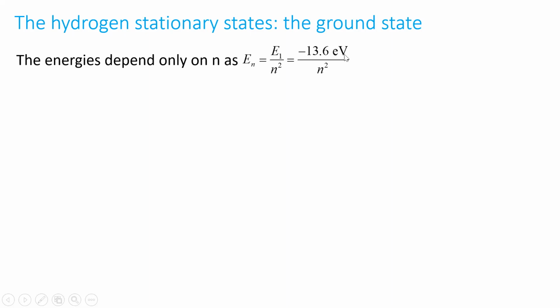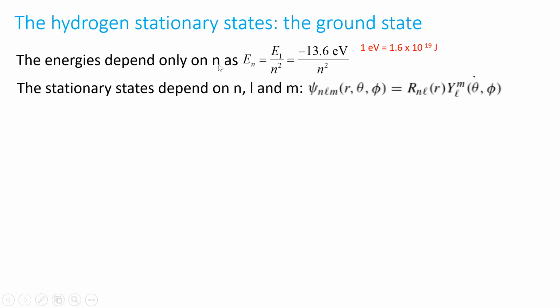Electron volts are a pretty small amount of energy, as you might expect. 1 electron volt is 1.6 times 10 to the minus 19 joules. But that's appropriate because the atom has pretty small energies. So 13.6 electron volts would be roughly 10 to the minus 18 joules. We're dealing with small energies because the atoms are quite small.